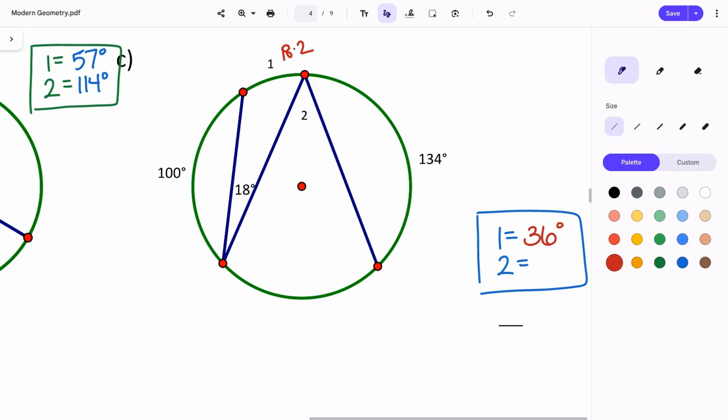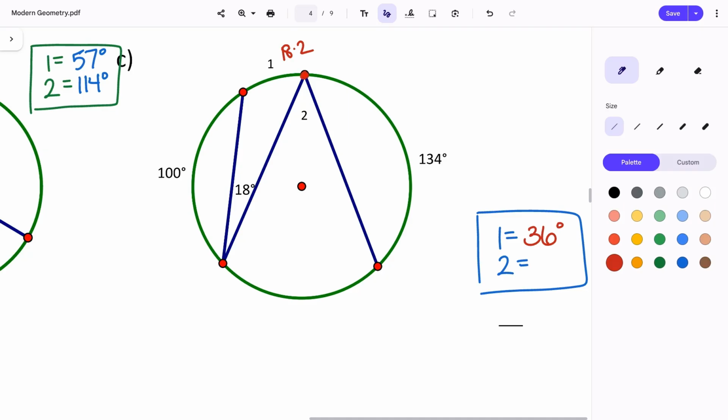All right, now I need 2. Anyone have thoughts on how we could work our way to 2? First thing I would maybe do, if you're not sure, is figure out what's the arc that angle 2 is intercepting.